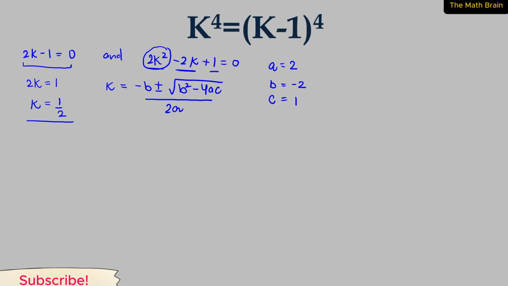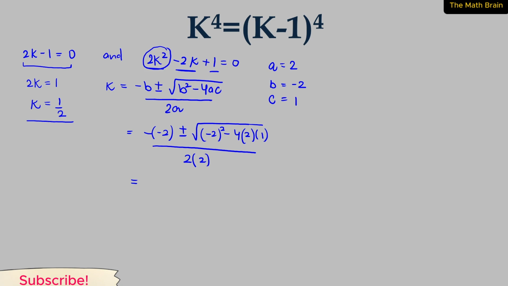By putting the values, we will get minus (minus 2) plus minus under root (minus 2) squared minus 4 times 2 times 1 upon 2 times 2.